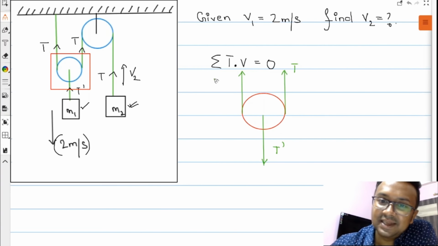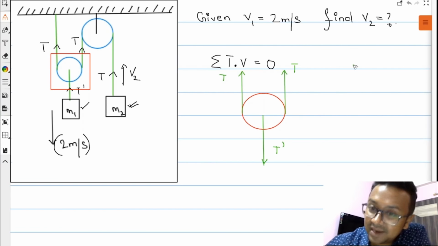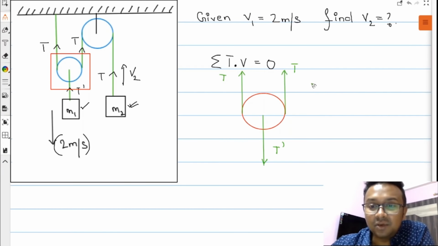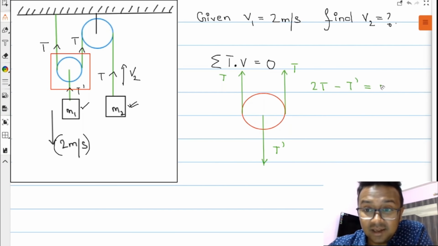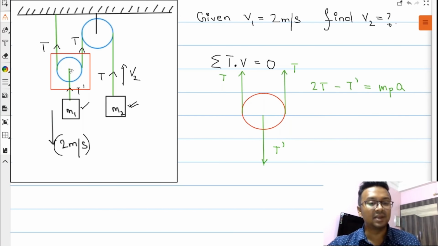So if I write the equation, 2T minus T dash is equal to mass of the pulley into its acceleration. Whatever the acceleration of M1 is, that is the acceleration of this pulley.